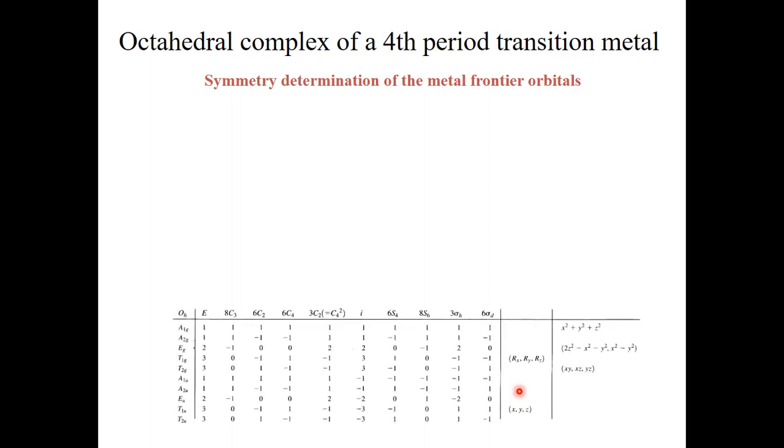In order to determine this, you only need to look into the character table of the point group, in this case Oh. Now your 4s orbital will be a frontier orbital. Remember, s orbitals always have the totally symmetric symmetry type, which is always the first symmetry type in the character table. So in this case, the symmetry type is A1g.